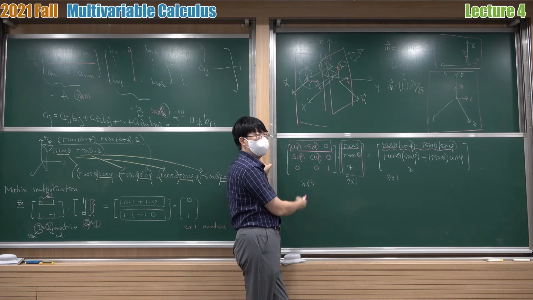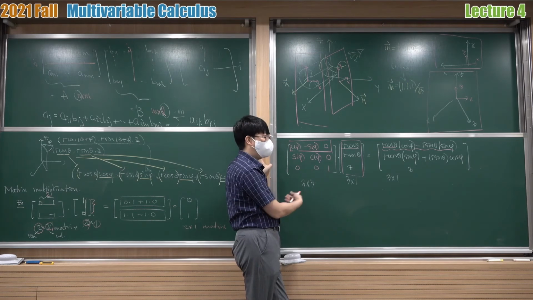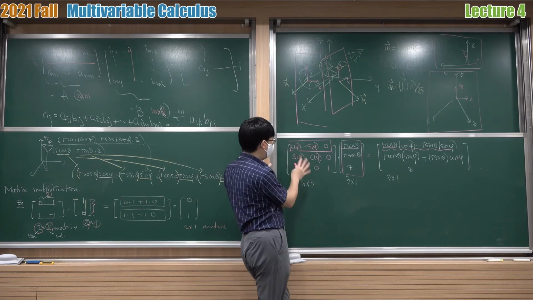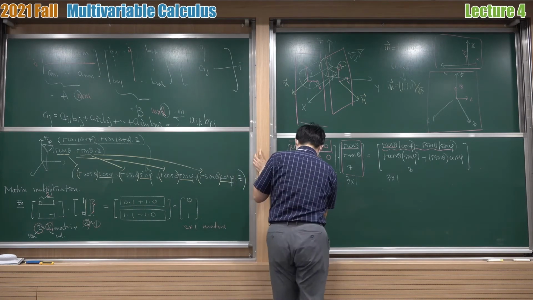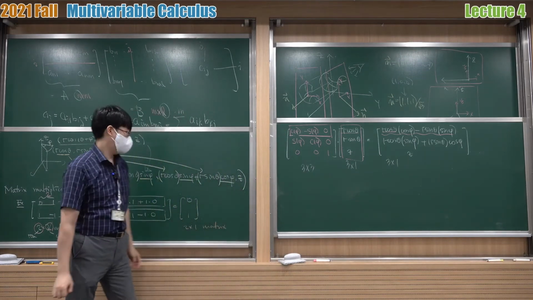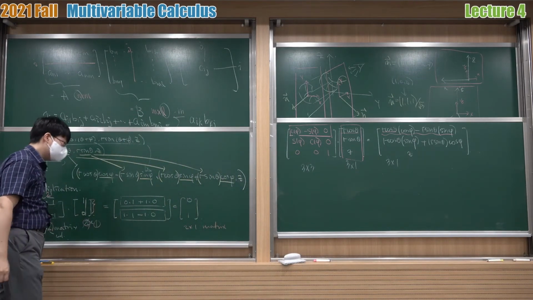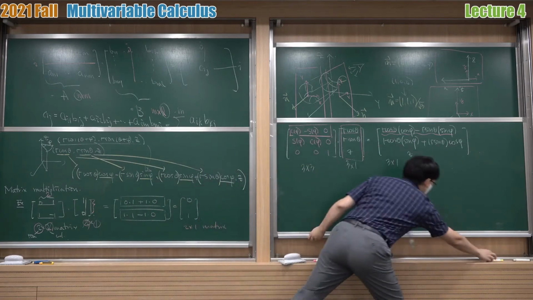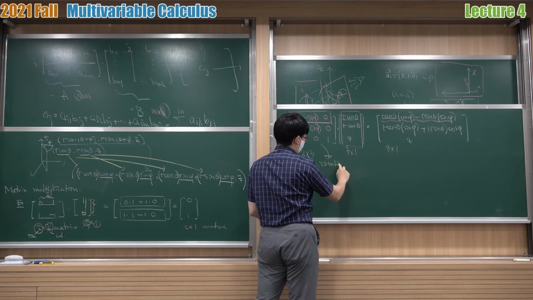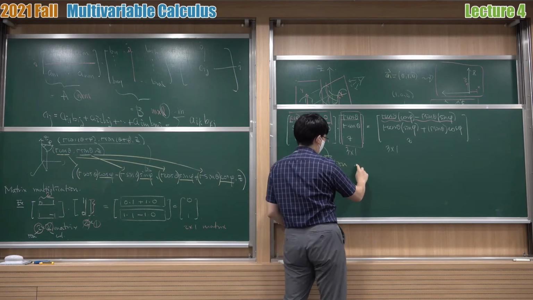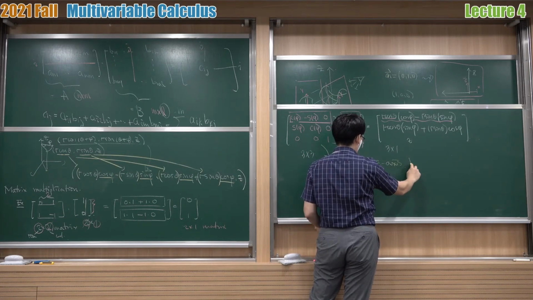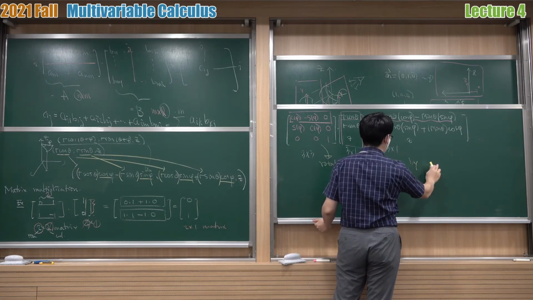This is our rotation matrix. This will be very useful when you do physics or mechanics or robotics. It's a basic one. It's a rotation about the z-axis.